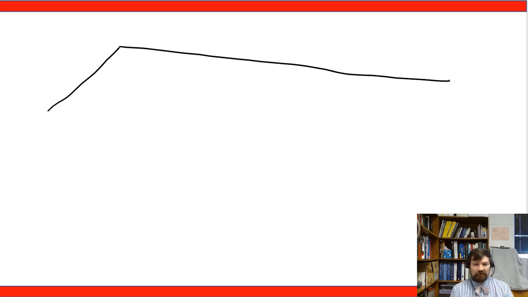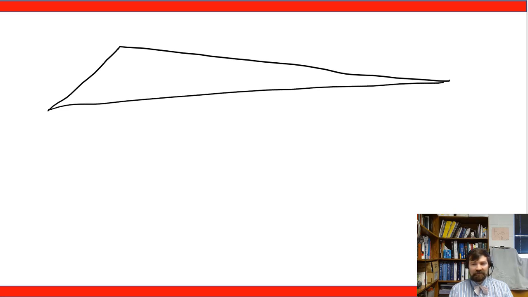Okay, last little thing. What happens if you have a triangle that isn't a right triangle? You know, maybe you have a triangle that is somehow like this. So there's no right angles anywhere involved in this triangle.